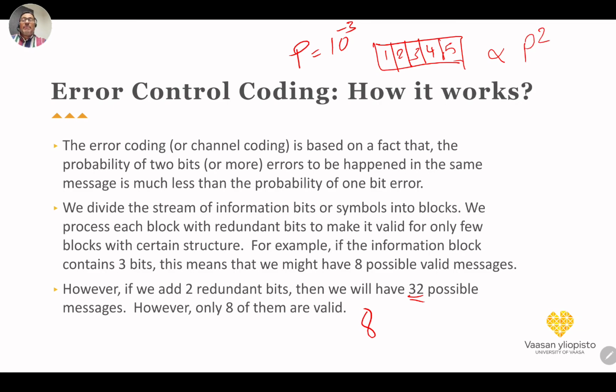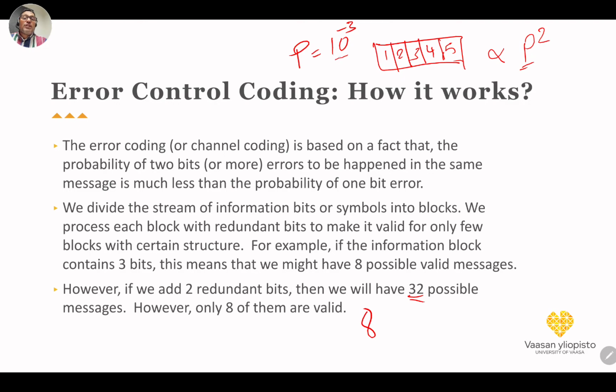We can make the calculations based on the binomial distribution. We can calculate exactly what the probability of error is in the case that we have 2 out of 5 in error, but let us leave this now. So the probability that you will have 2 errors will be related to p squared.